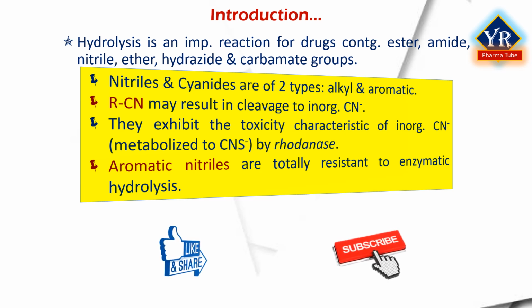They exhibit the toxicity characteristic of inorganic cyanide, that is metabolized to thiocyanate by the mitochondrial enzyme rhodanese utilizing thiosulfate or mercaptopyruvic acid as the sulfur donor. Aromatic nitriles appear to be totally resistant to enzymatic hydrolysis. The aromatic nucleus is instead oxidized in the manner as previously described in the aromatic hydroxylation reaction.